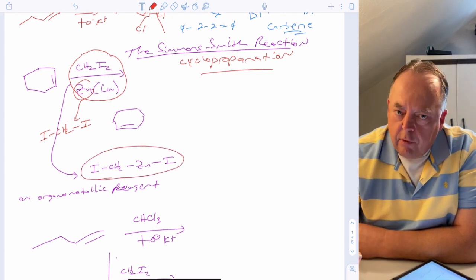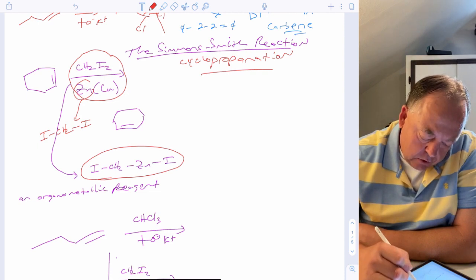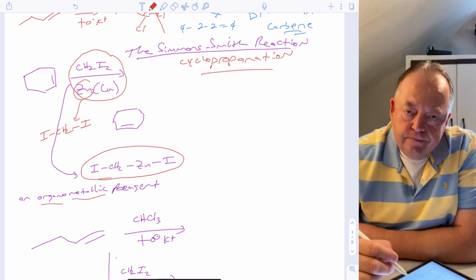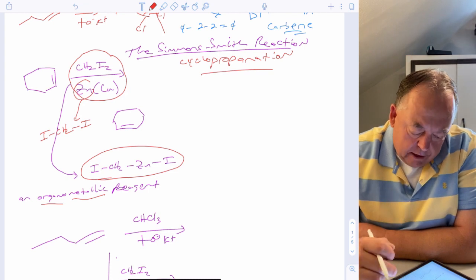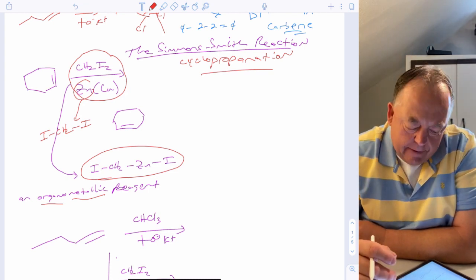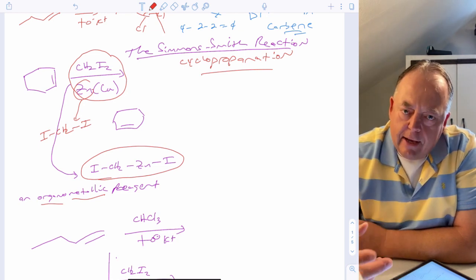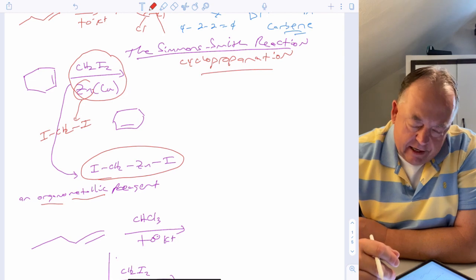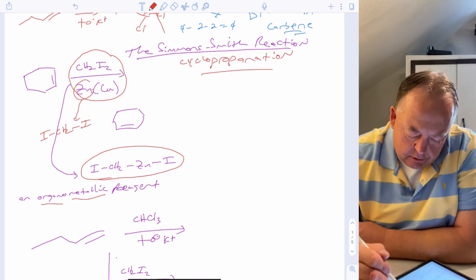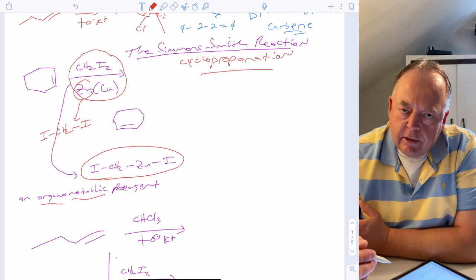So it's an example of an organometallic reagent. So you have an organic piece of the molecule attached to a metal. And in organic chemistry, there are lots and lots of examples of organometallic reagents that react with organic compounds to make a variety of different molecules. So this is an absolutely huge part of organic chemistry. So this is just one example of an organometallic reaction.